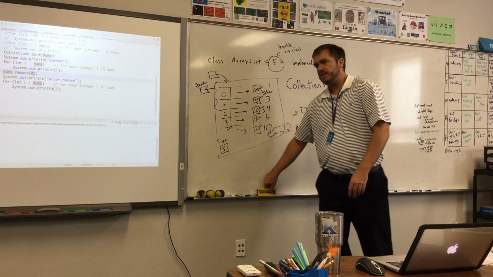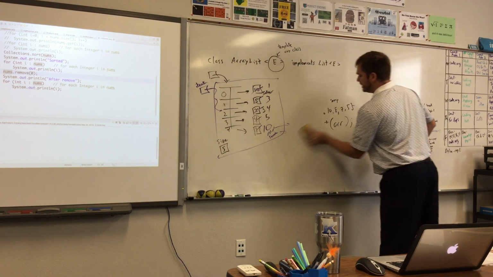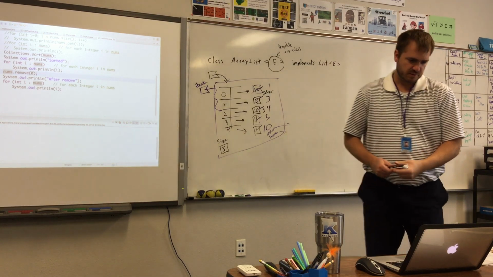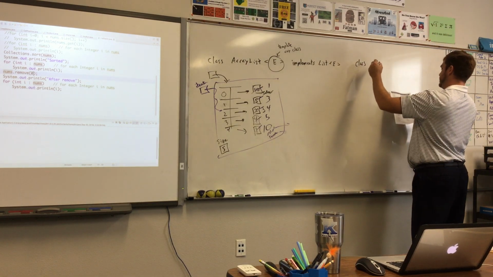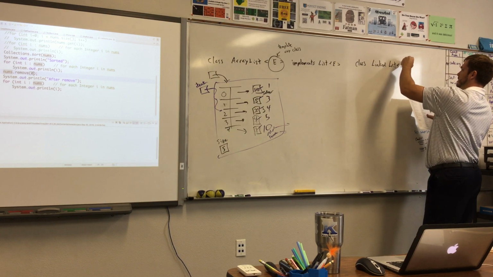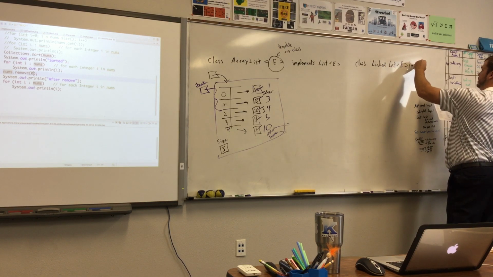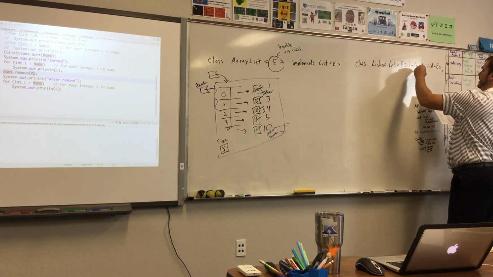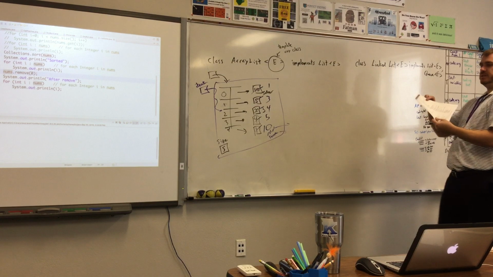Okay? But there is another list, and that's the linked list. So this is class LinkedList of type E that implements List E as well as Queue E. You're like, Q, what the heck is Q?